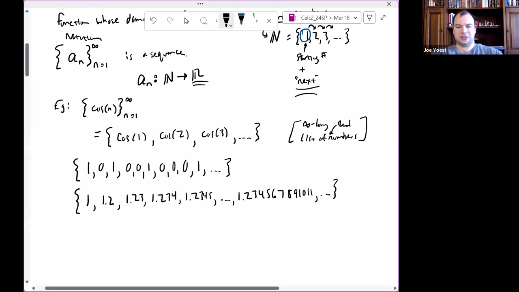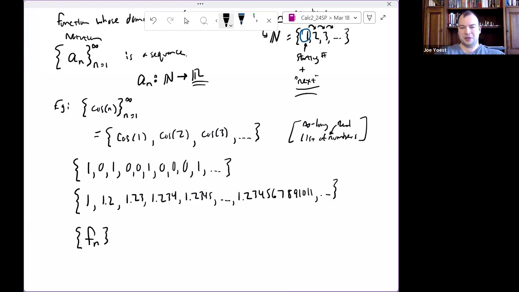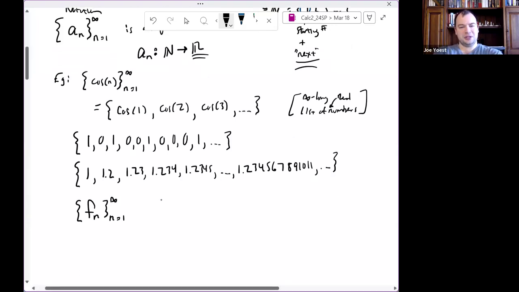I can also have examples like the famous Fibonacci sequence, jumping ahead to section 11.2. The Fibonacci sequence does have an explicit algebraic format, but if you looked at it, you'd think, how does that even relate to it? But we could write it out much more easily.